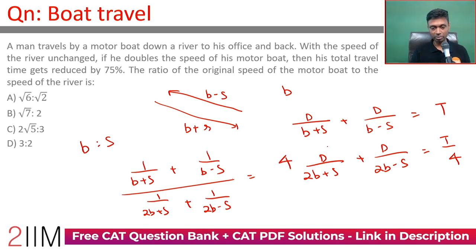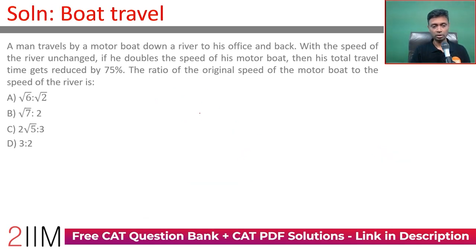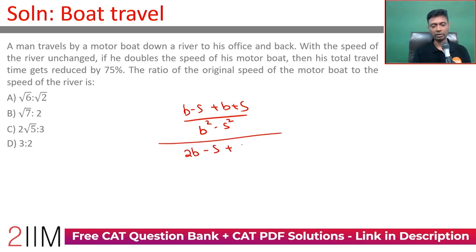Let's simplify this. I'm going to take the LCM in the numerator and LCM in the denominator. So B minus S plus B plus S by B square minus S square, divided by 2B minus S plus 2B plus S by 4B square minus S square, equals 4.